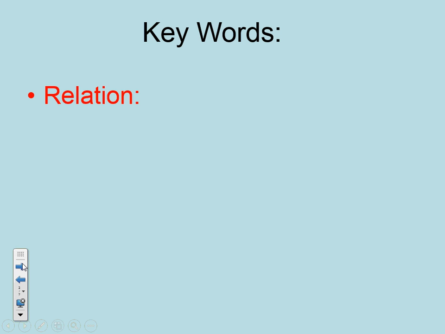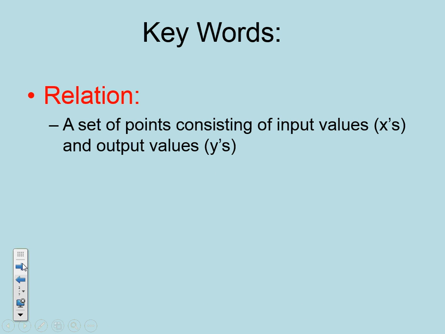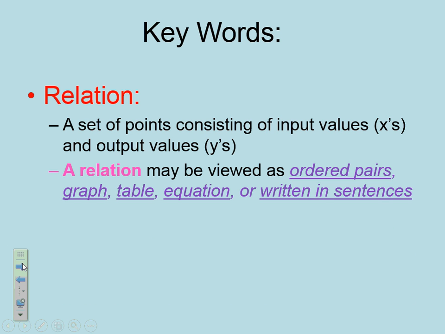We have a relation. A relation is a set of points consisting of input values, which are our x values, and output values, which are our y values. Now, when we have a relationship, we can see it in so many different ways. We can view it as an ordered pair, a graph, a table, equation, or even written as a sentence.